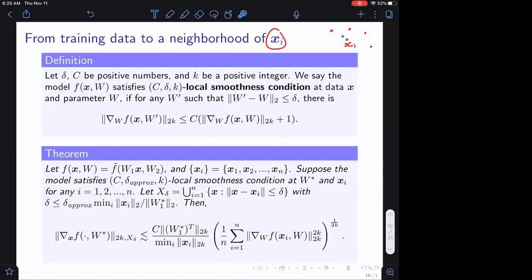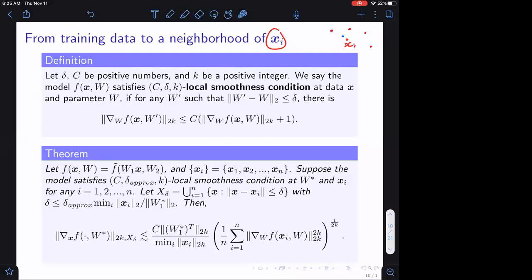In fact, it can change quite a lot, but only up to a constant factor. We believe that this is a reasonable assumption because it's really saying that if I perturb my W a little bit, it remains bounded up to a constant factor.